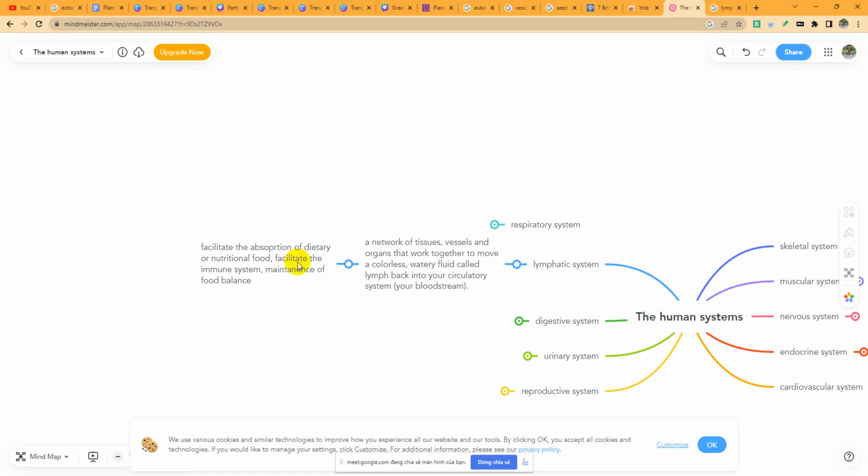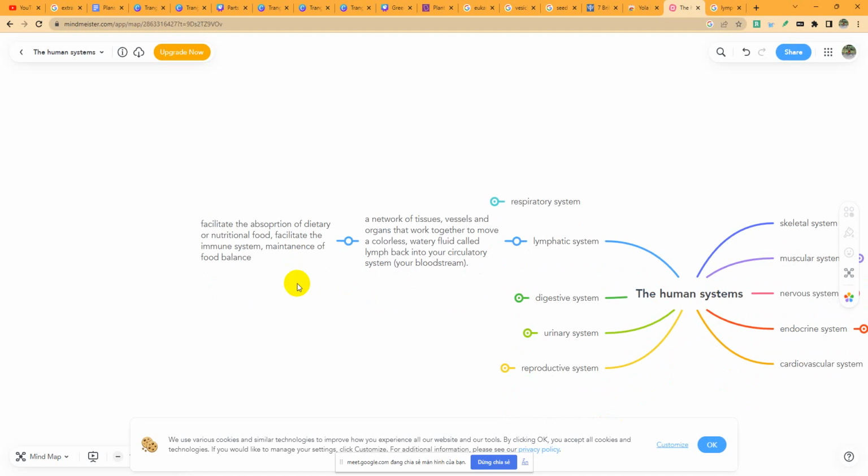But anyway, besides that, we also have another function too, which is facilitating the absorption of dietary or nutritional food, or even maintaining the fluid balance. So there's also some relationship between the lymphatic system and food absorption too, to make things easier, of course.